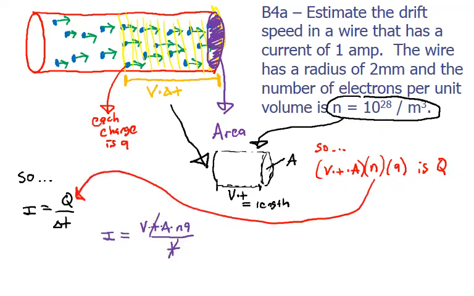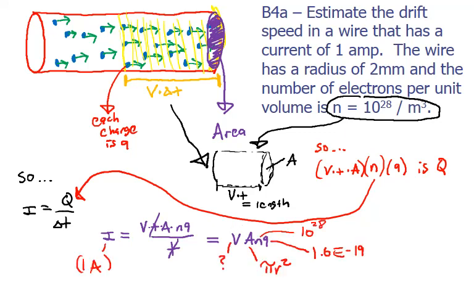We could place that all in there. When we do that, our times will cancel out, and so the current is equal to the average speed, the drift speed, times the area, times the number of electrons per volume, times the elementary charge.